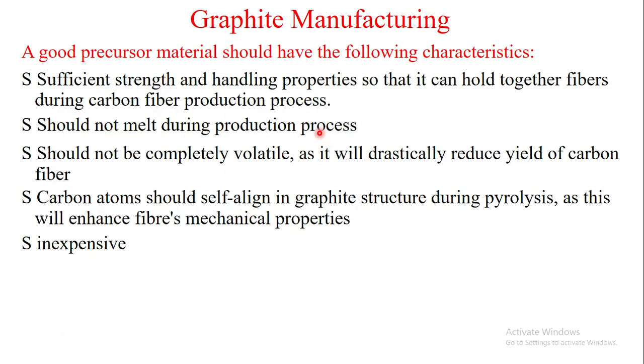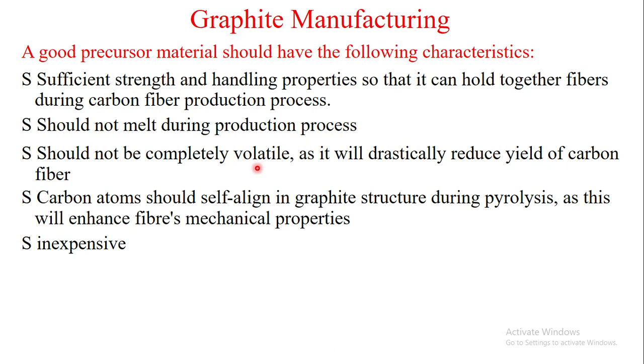In the graphite manufacturing process, a good precursor material should have the following characteristics. First, sufficient strength and handling properties so that it can hold the fibers together during the carbon fiber production process. It should not melt during the production process.